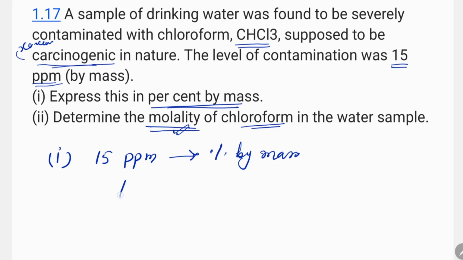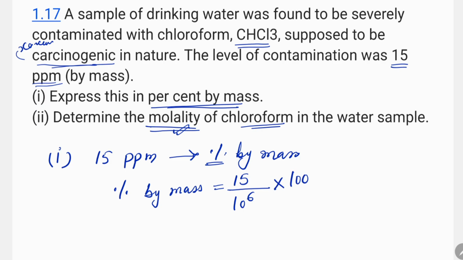Percentage by mass is equal to whatever number is in parts per million, which is 15, divided by million, which is 10 raised to power 6. And to convert it into percentage, we multiply it with 100.